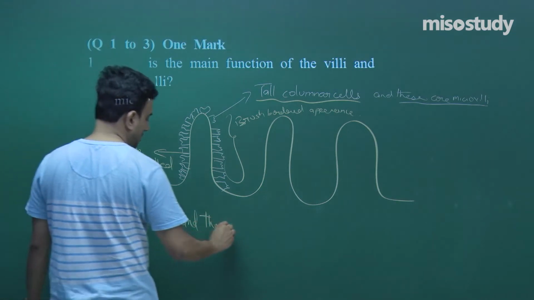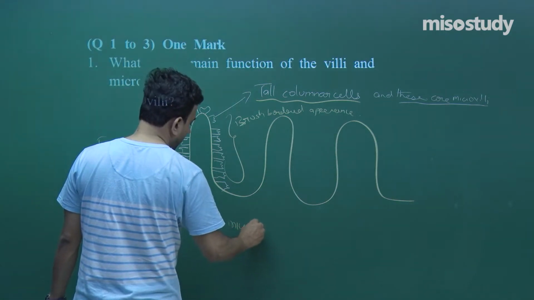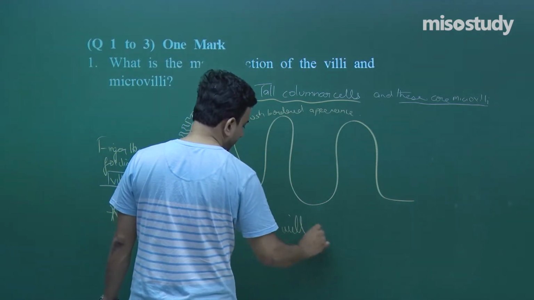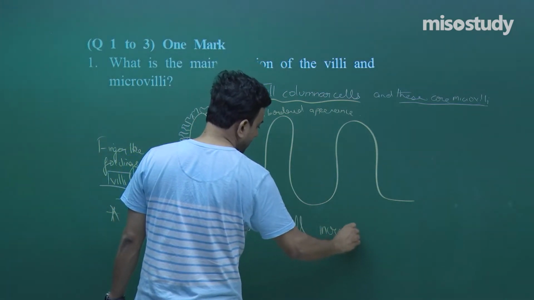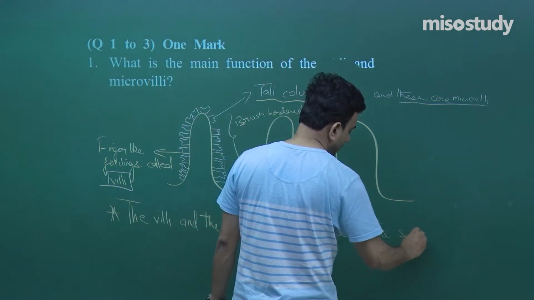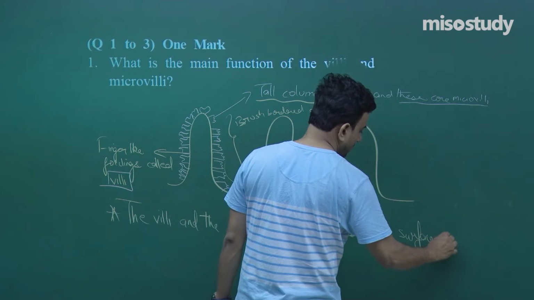The villi and the microvilli, right, will increase the surface area for absorption.